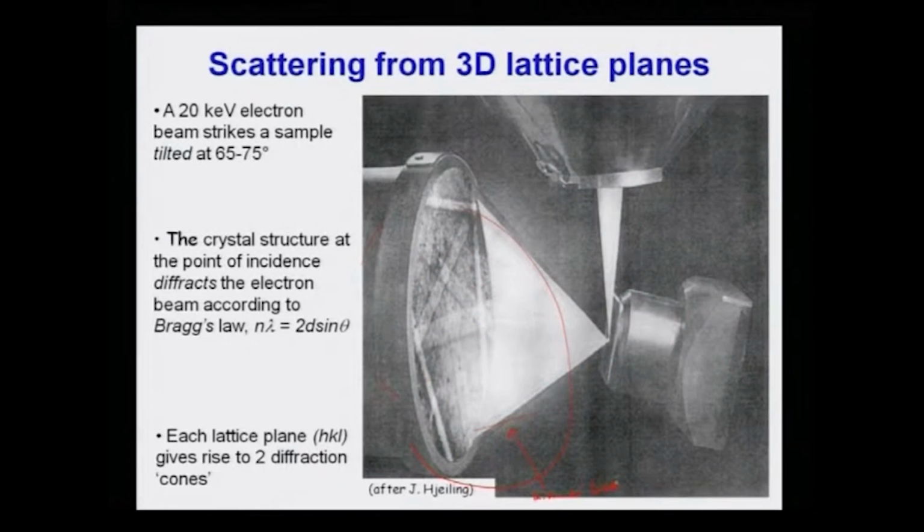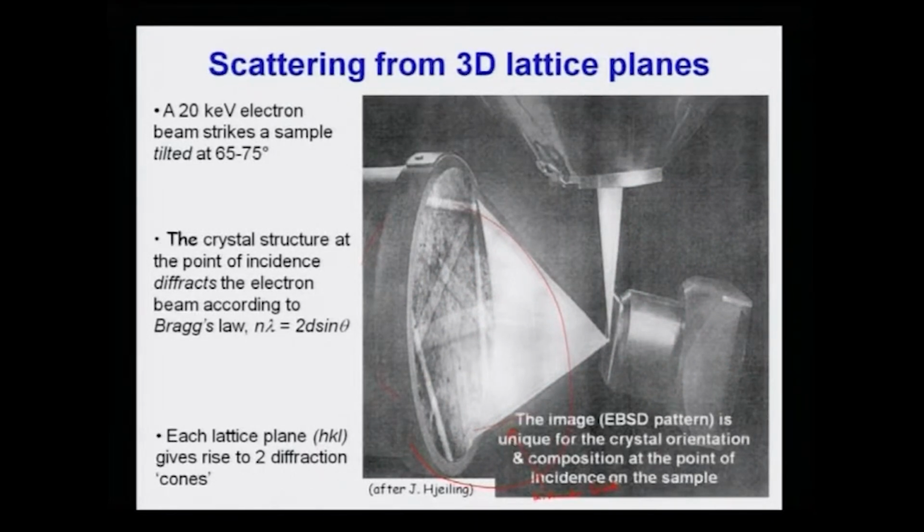This is taken from J. Hjelen. In actual experiments, we can see these Kikuchi lines if we have a camera put inside the SEM. This is a sample which is tilted with respect to the normal at about 65 to 75 degrees, and the electron beam is falling like this.